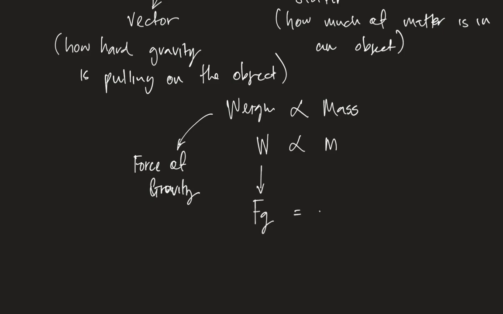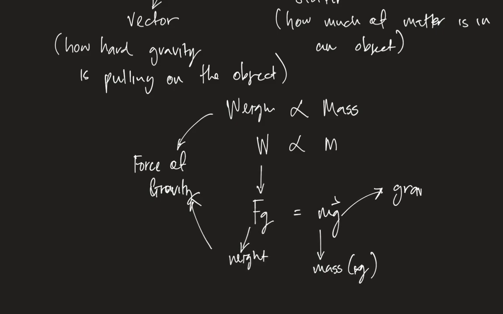So Fg is equal to mg, which we know now, where Fg is your weight or your force of gravity, m is your mass in kilograms, and g is your gravitational acceleration. And on Earth, that value is 9.8 meters per second squared. Alright, so that's the basis of what's about to happen.